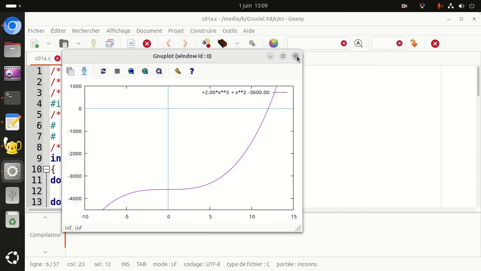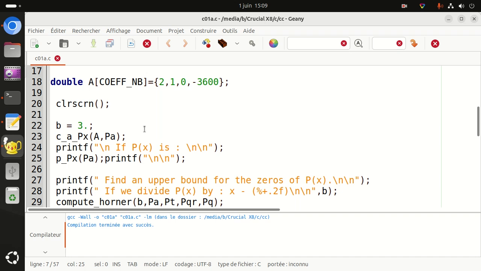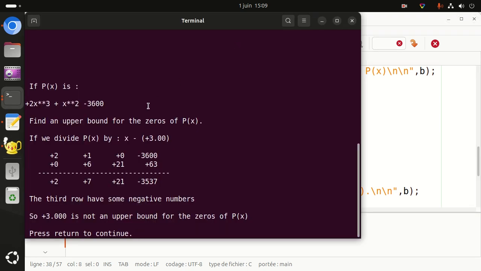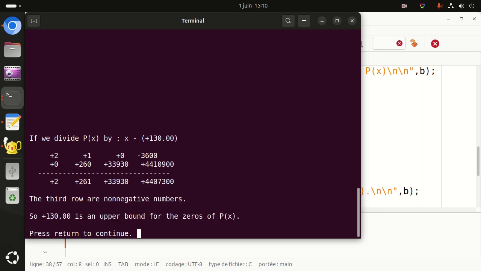I can try, for example, 130. In the first step, I have chosen 3, and I can see there is a negative coefficient. So 3 is not an upper bound for the root of p of x.